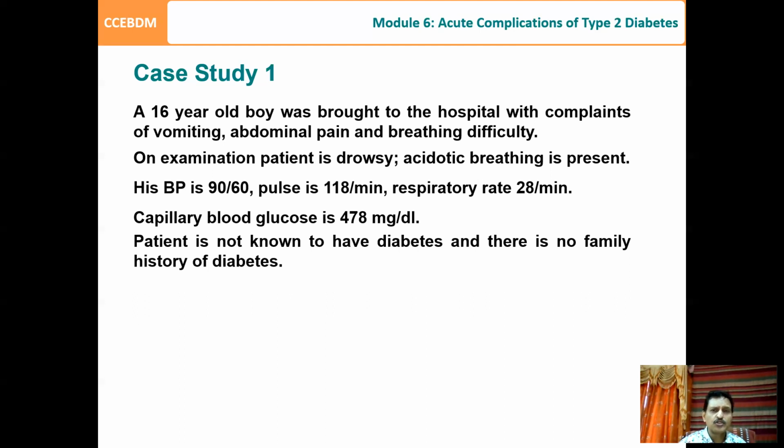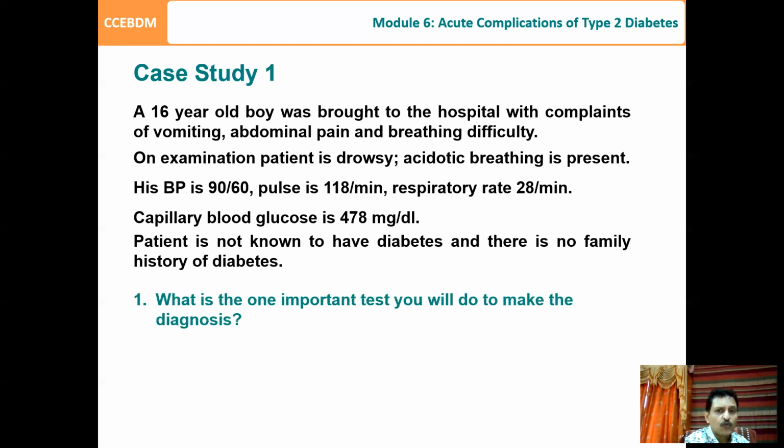So these neurological symptoms actually give you an input as far as the important diagnosis is concerned, and therefore the question is, which one is the most important test that you will do to make the diagnosis of this patient? So the best test we can do is checking the ketone bodies.